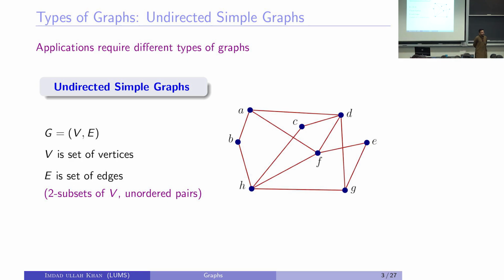So when we talk about directed graphs and non-simple graphs, it will be clear what simplicity is. Here the graph is a set of vertices and a set of edges, where edges are unordered pairs, subsets of size 2 of V. This is how it's pictorially depicted.